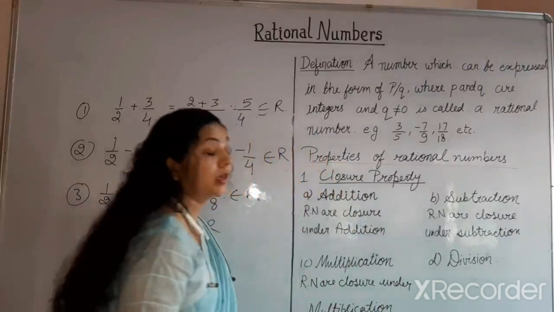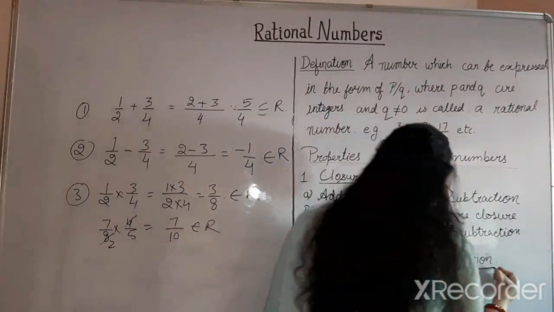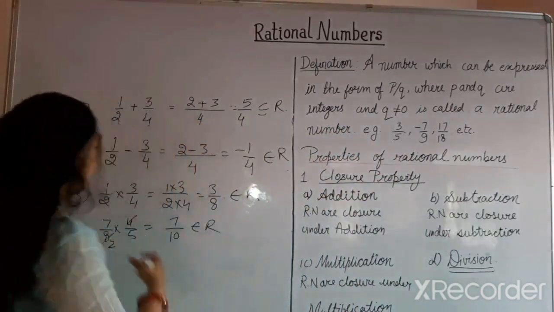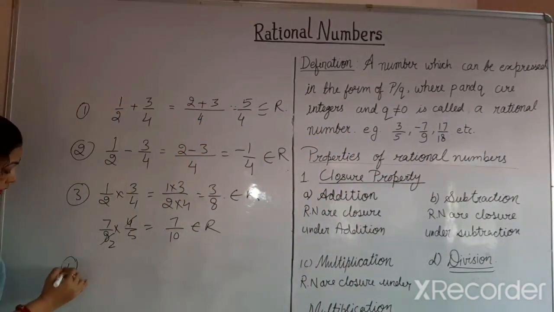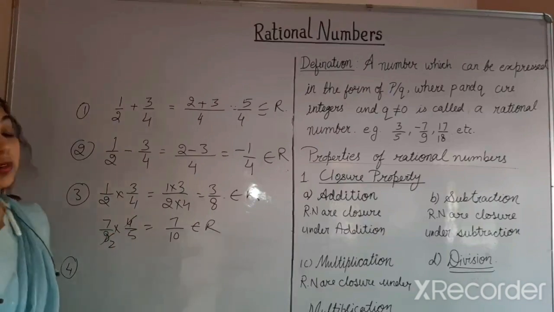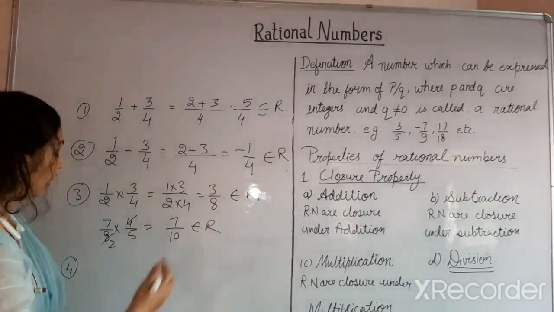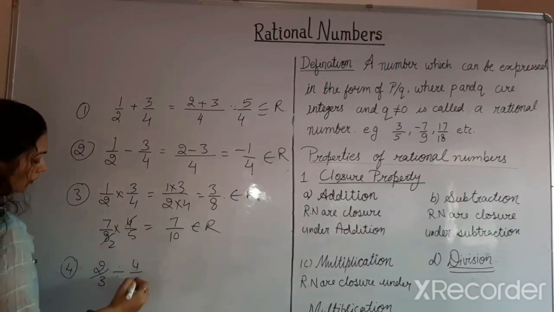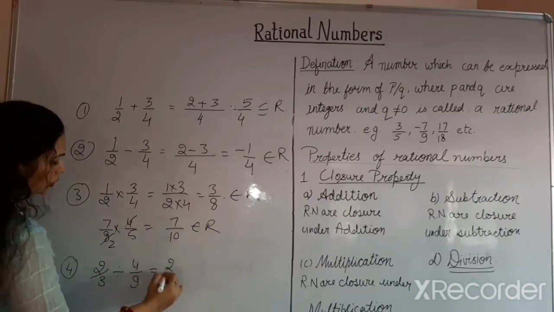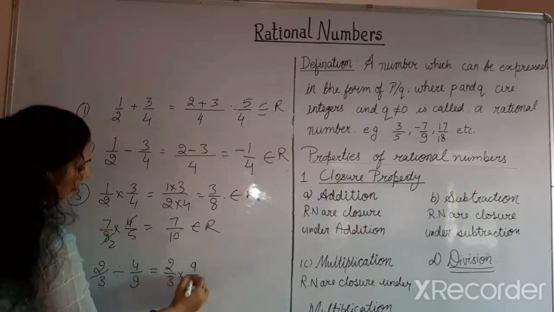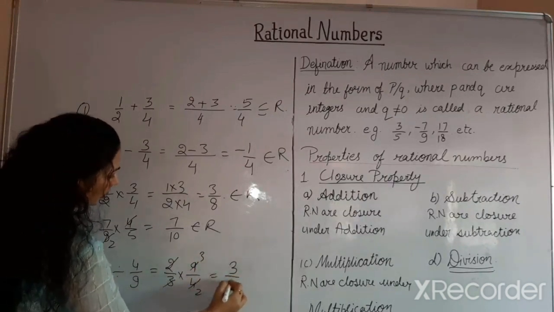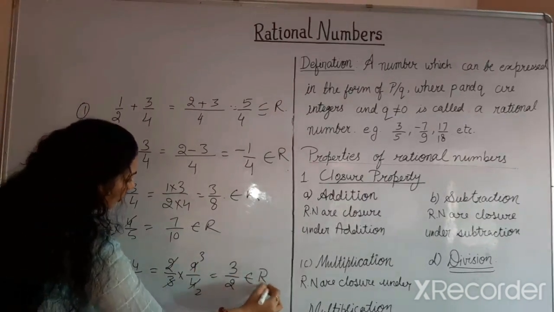Now it's the turn of division. Whenever we reach such a conclusion, we must be very careful. If we divide any two rational numbers, suppose 2 upon 3 divided by 4 upon 9, it would be 2 by 3 into 9 by 4, which is a rational number.